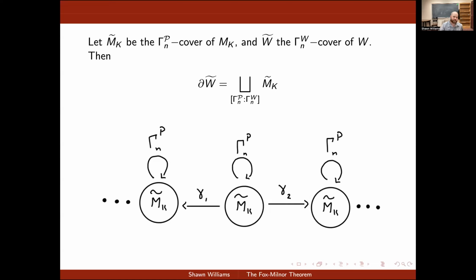So visually, what this gives us is a bunch of path components, each homeomorphic to MK tilde. When I act on it by elements of gamma_nP, as it lives in gamma_nW, the action on each component is just going to be the same deck group action we would have if we just had MK tilde as a cover of MK.